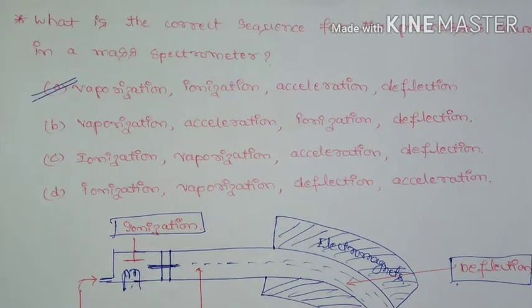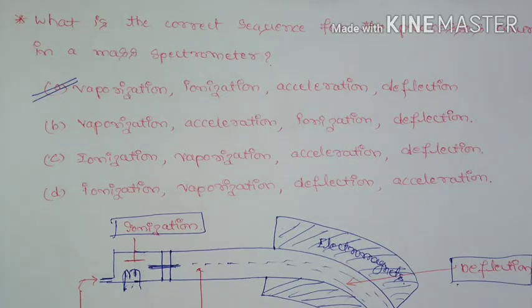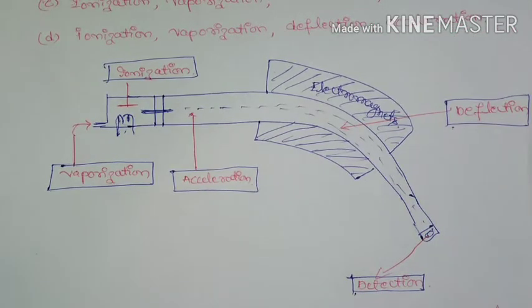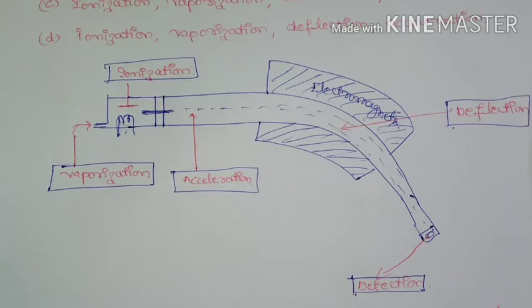First question is, what is the correct sequence for the process occurring in a mass spectrometer? So correct option is A, that is vaporization, ionization, acceleration followed by deflection. So here is the process that is going to take place in mass spectrometer.